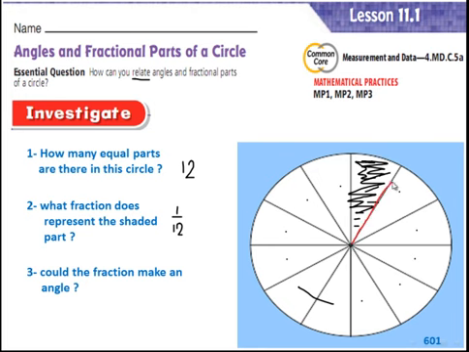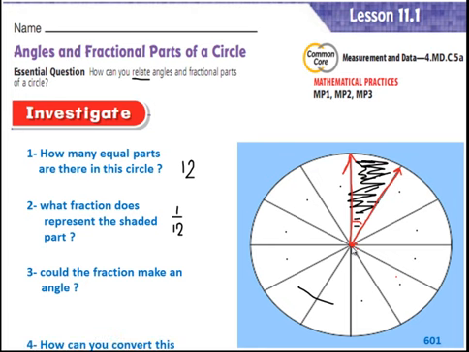Look at my rays. Here you can see the first ray for the angle, and here the second ray of the same angle. This fraction, of course, could make an angle, and the vertex here is the center of the circle.